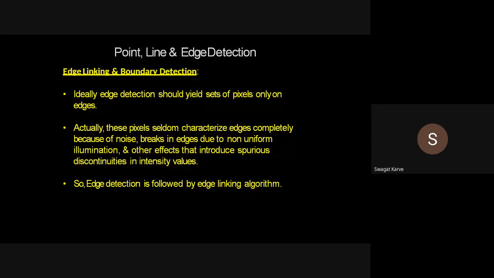But in case of edge detection, you always have to use a high pass mask only, because edges are the high frequency components in an image. But a point or line can be a low frequency component, but edges are never low frequency components. That means an edge in an image is never low frequency. It is always a high frequency component.